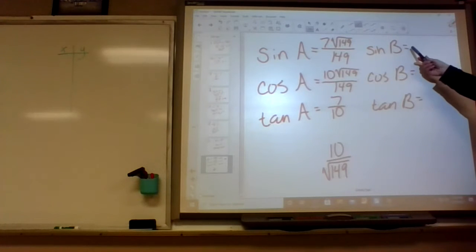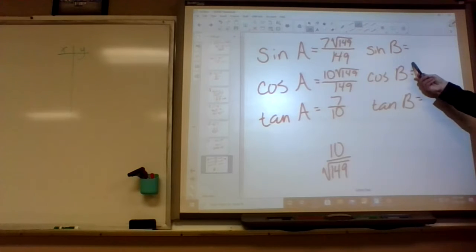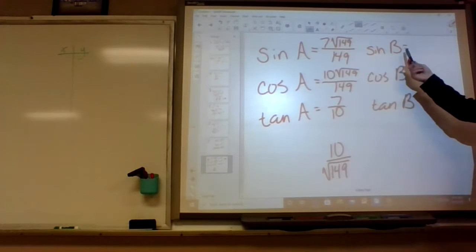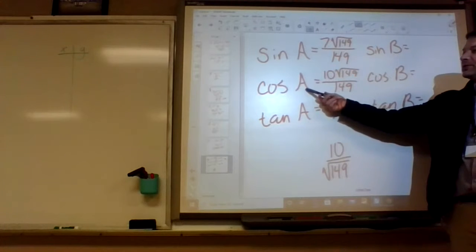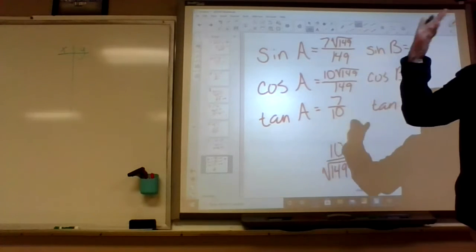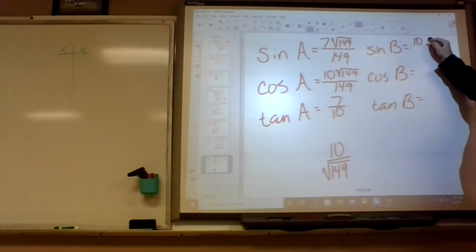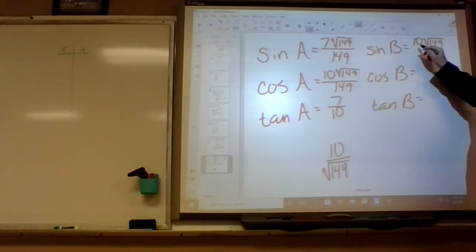There's kind of a way we could cheat on these. Do you guys remember how? All of them have a cosine partner. Sine of B is going to be cosine of A, because when you switch the A and B, the opposite and adjacent switch. We could go through it, but we already did our practice.